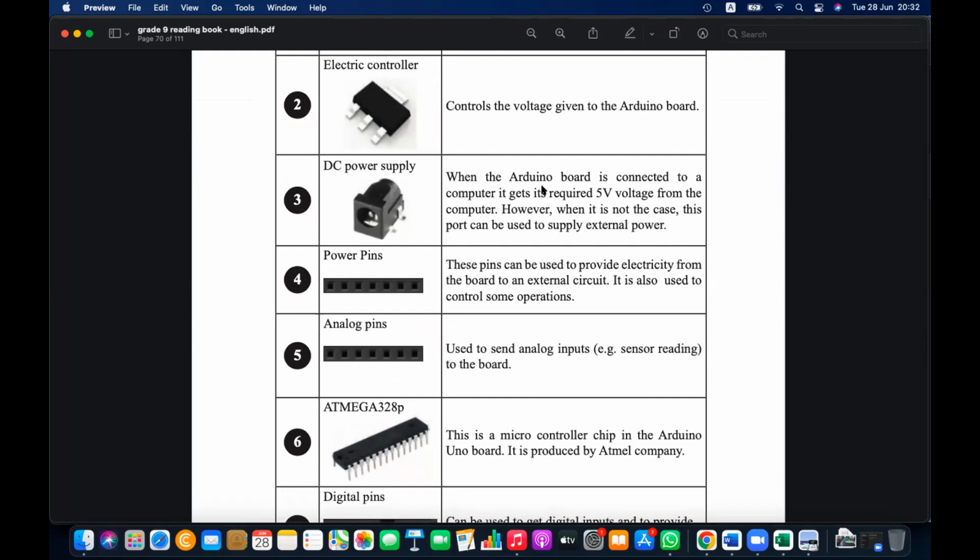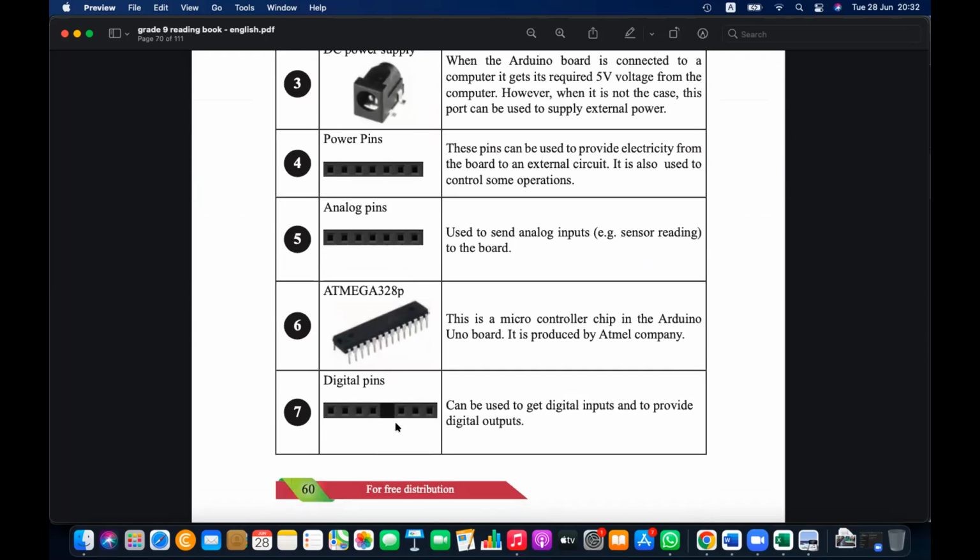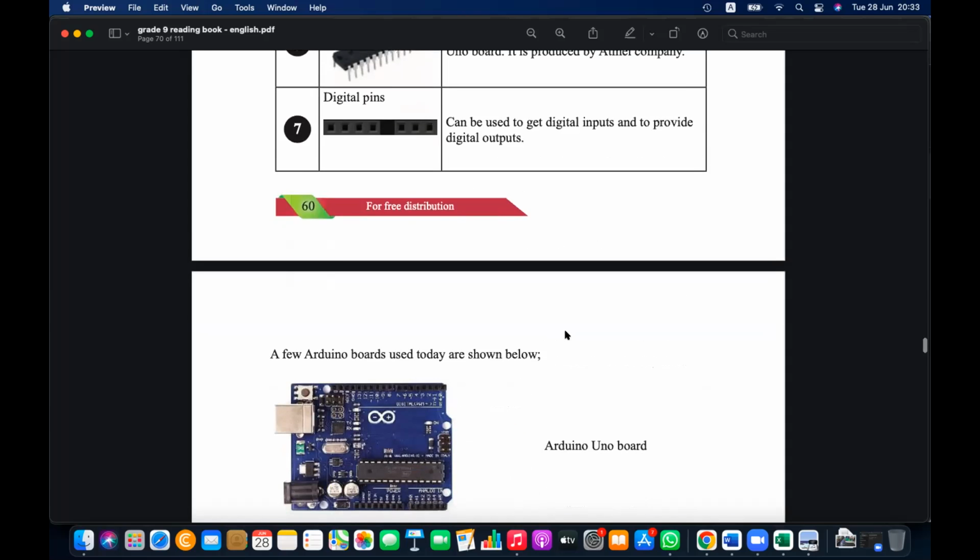But don't provide high voltage to this, it will burn the board. So there are power pins, analog pins, and digital pins. We saw that. The ATmega 328P is the microcontroller made by the Atmel company.